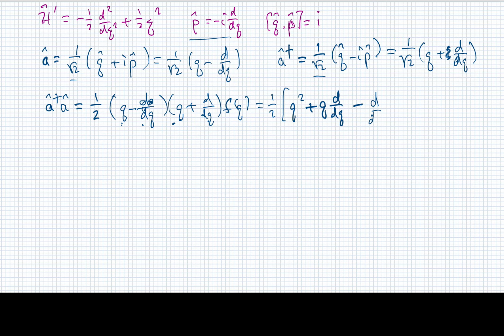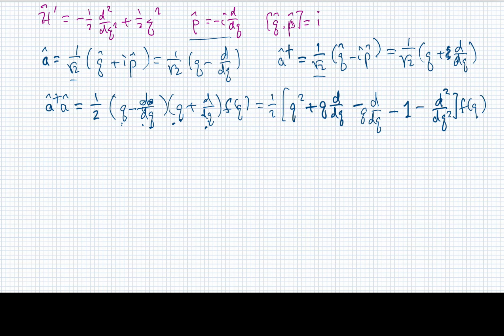d/dq times q times f, which is going to give me a factor of q times df/dq, but also it will give me a factor from taking this derivative with respect to q and leaving the f, so I have to write that as a 1. And then finally, two successive operations of the differential operator, which gives me d squared/dq squared.